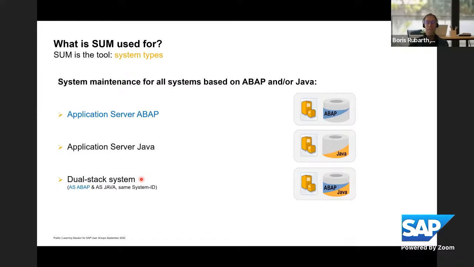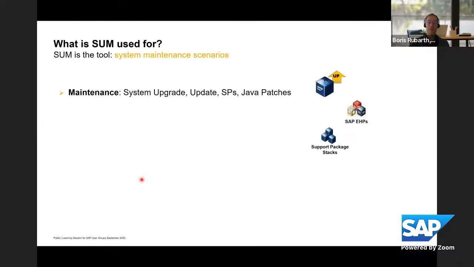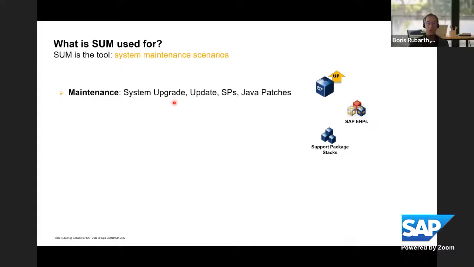So that is the question on what kind of systems the tool is working on. The other question is what kind of scenarios does the tool offer? So what do we understand when we say system maintenance? That is the maintenance scenario. First of all, the Software Update Manager is for updating the system. So maintenance could be a system upgrade. That would be a release change, for example, in the classical way from ERP 5.0 to 6.0 or BW, naming any number.